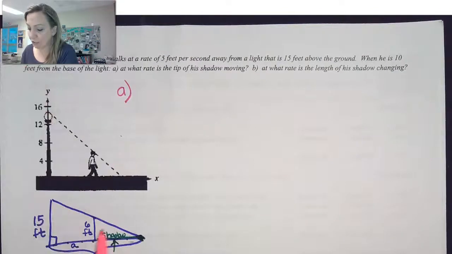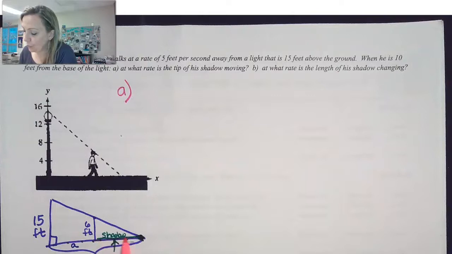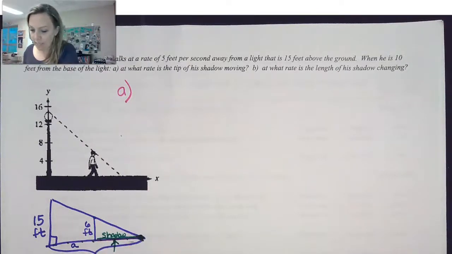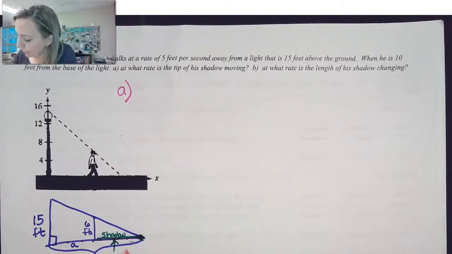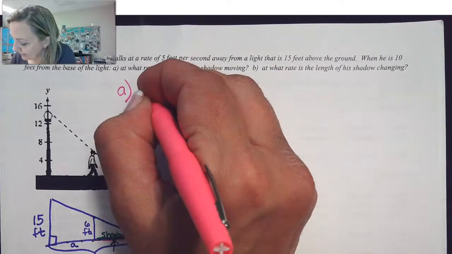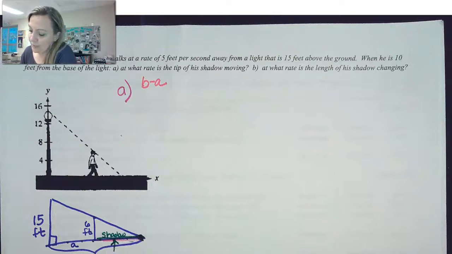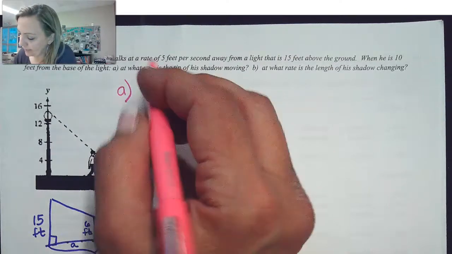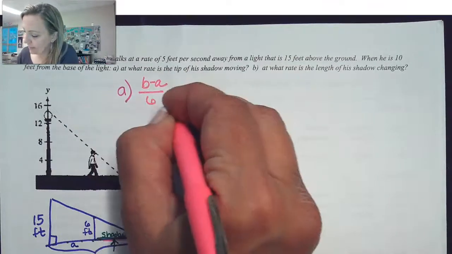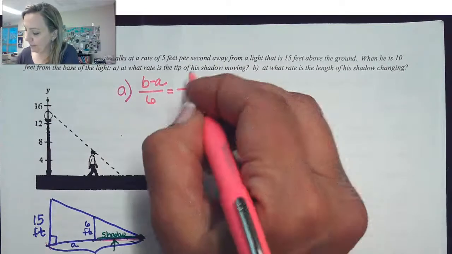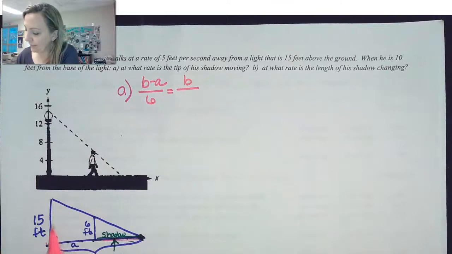If we take the two dimensions that we have names for, I'm going to call this B minus A. So B minus A over 6 is going to be the same as this length B over 15.